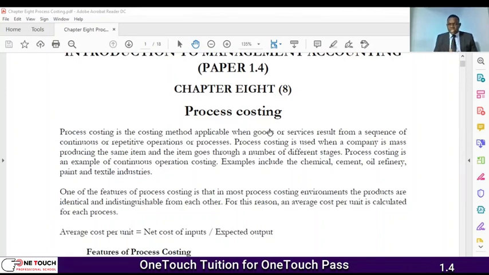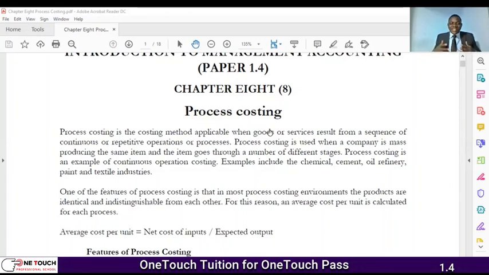Process costing is used when a company is mass producing the same item and the item goes through a number of different stages.